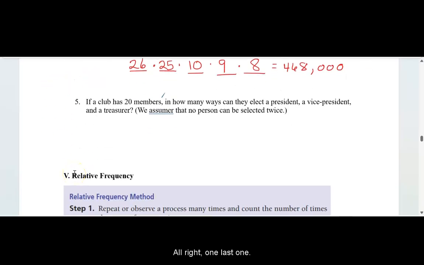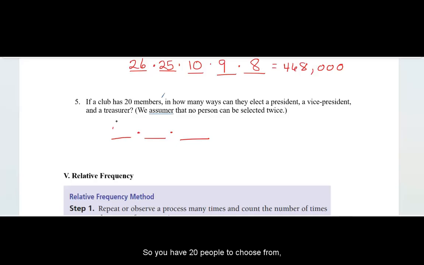All right, one last one. If a club has 20 members, in how many ways can they elect a president, a vice president, and a treasurer, assuming that no person can be selected twice? Okay, so president, vice president.